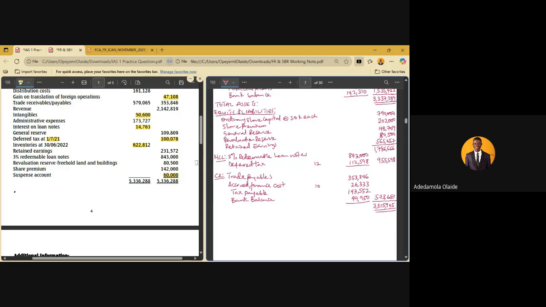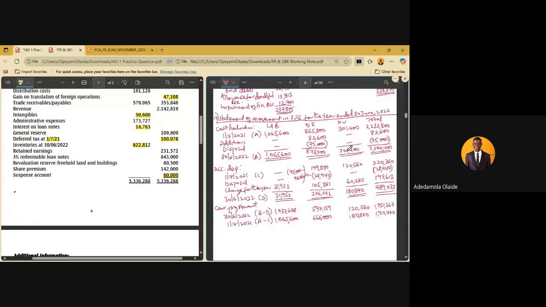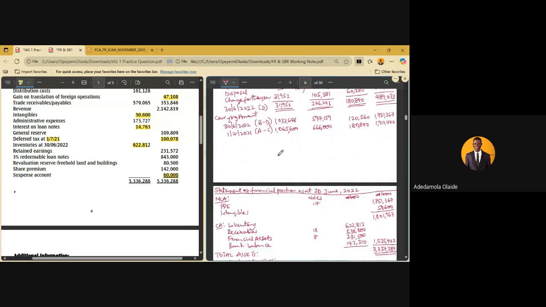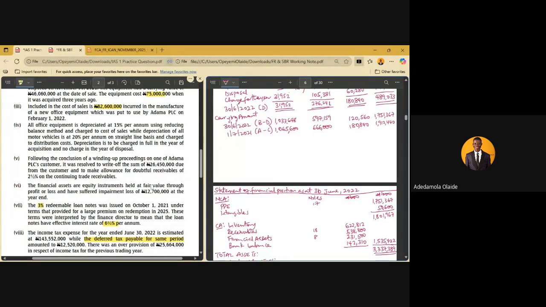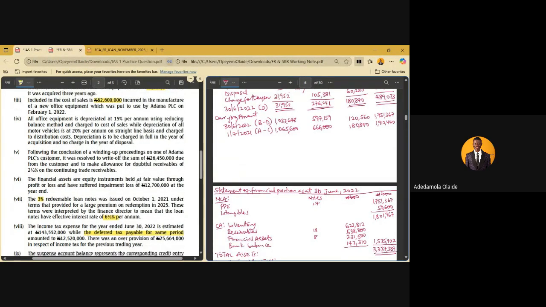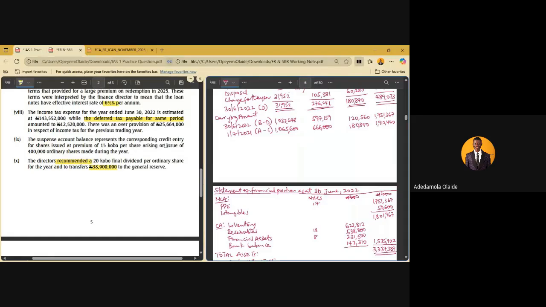Okay. Are you guys there? Yes. So, there was an oversight. If you look at this place, we were told that there was an over provision of 25,664 in respect of the income tax for the previous trading year, right?